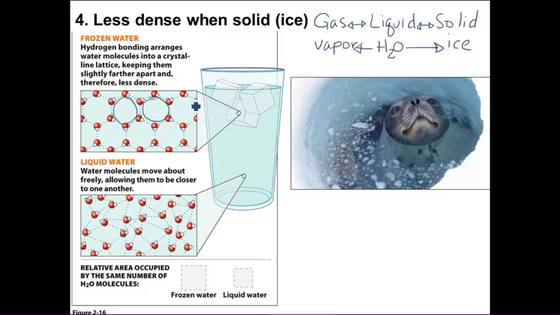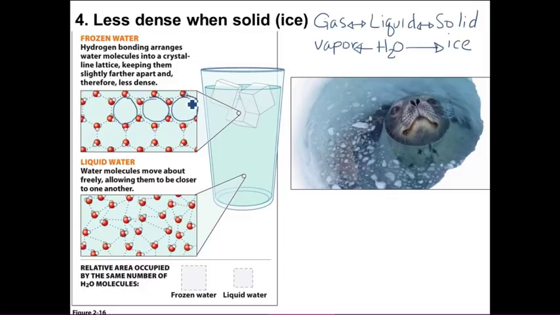Okay, and so water also acts as an insulator. It is less heavy when it is solid ice than when it is liquid, and that means that ice floats on top of water, and it actually keeps the water below it warmer than the surrounding temperature. Of course, that's all relative because it's really cold.